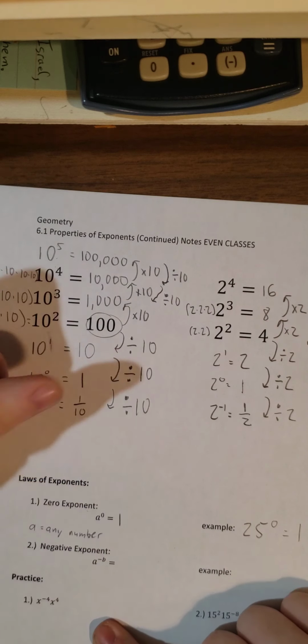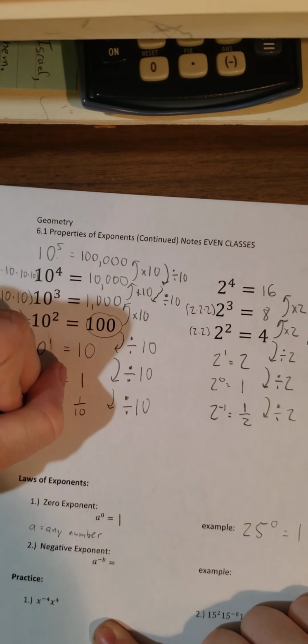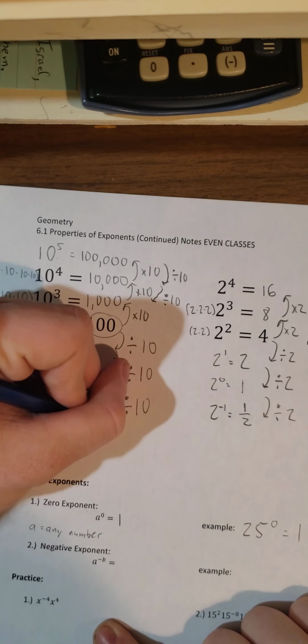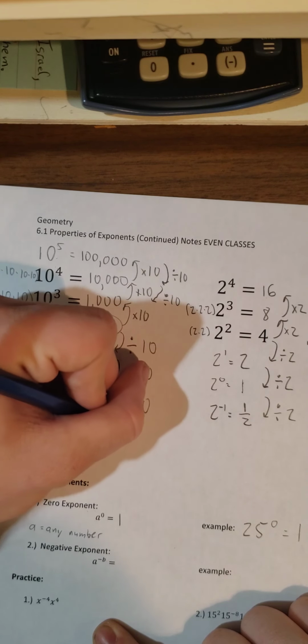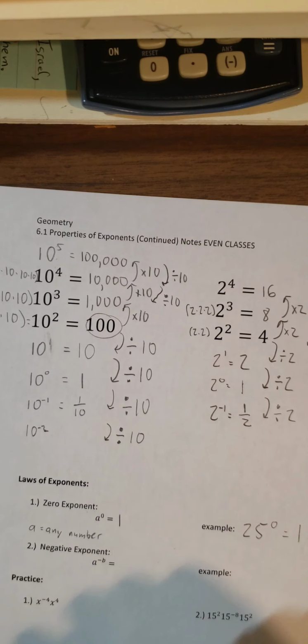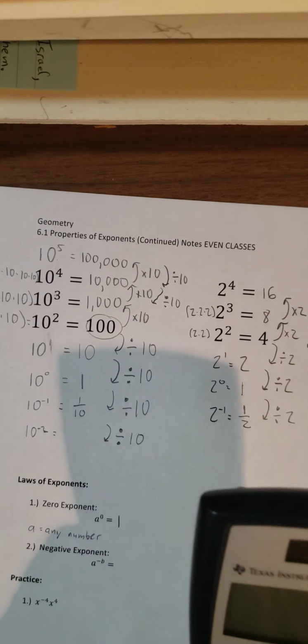We can continue this process. So if we wanted to go 10 to the negative 2, we could take 1/10 divided by 10, and for this I might recommend getting out your calculator.